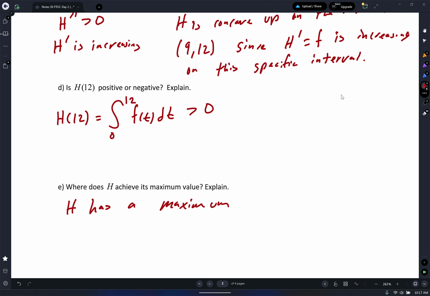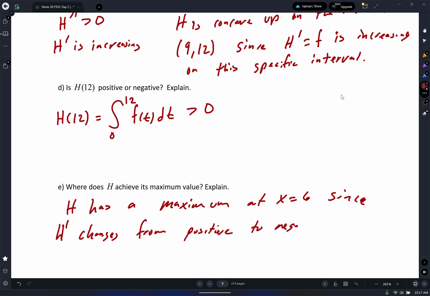h has a maximum at x equals 6, since h prime changes from what? Perfect. Positive to negative at x equals 6.